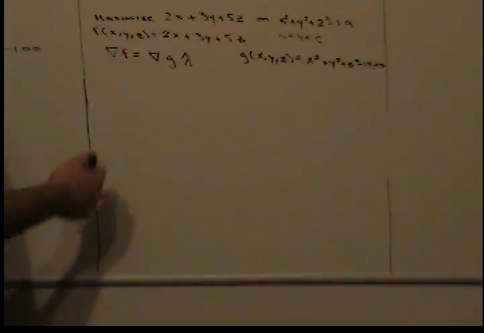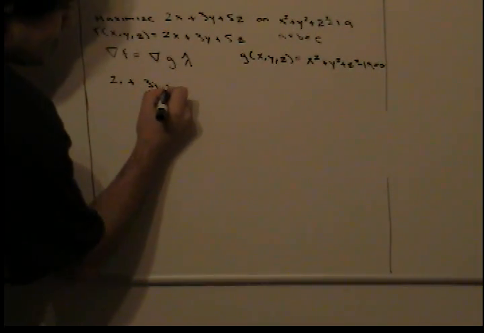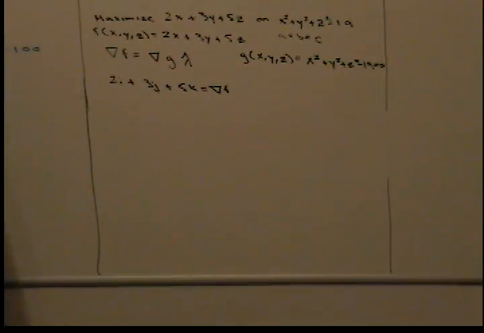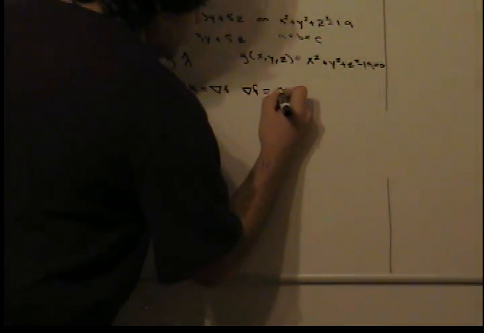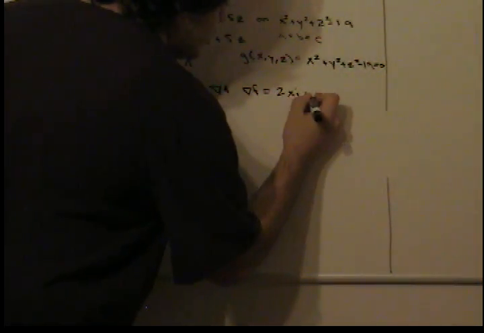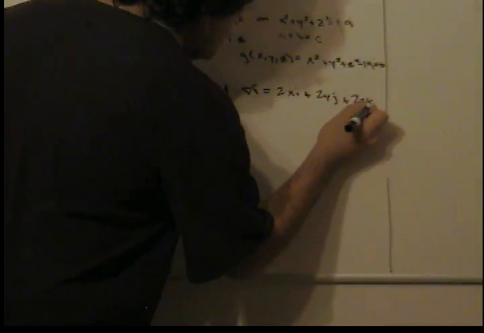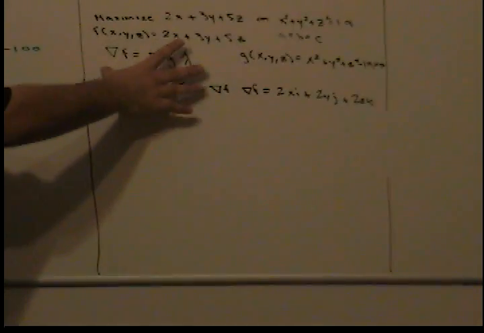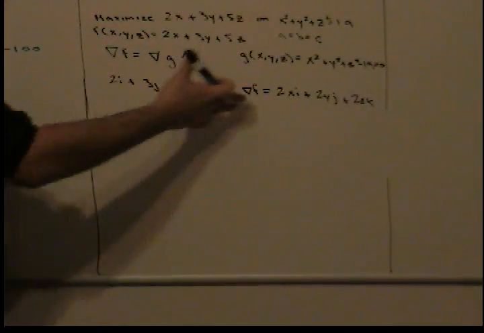So the gradient of f is going to be 2i plus 3j plus 5k. Now the gradient of g is going to be 2x i plus 2y j plus 2z k. Now following this equation, we set each component equal to each other.